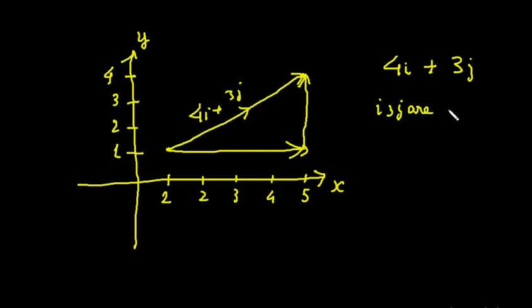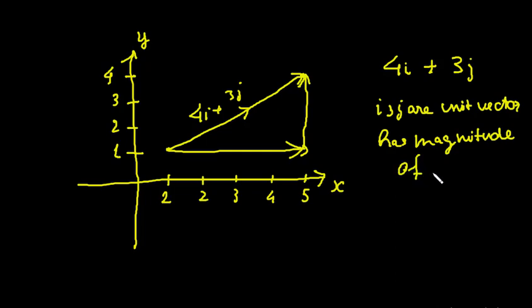A unit vector has a magnitude of 1. So in this form, i represents the x-axis and j represents the y-axis. When we write it in this form, we know that r, this vector, moves 4 units in the x-axis and 3 units in the y-axis.